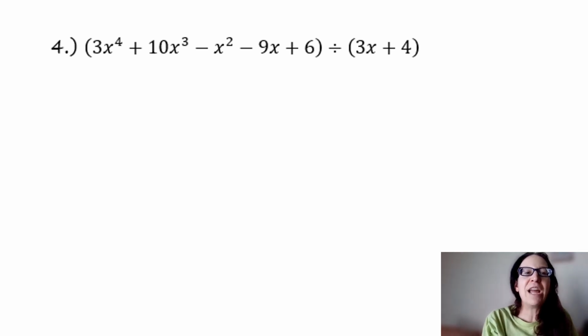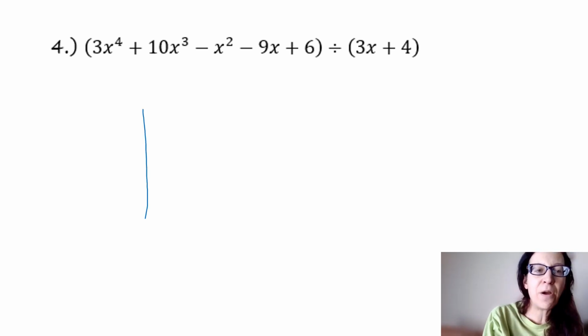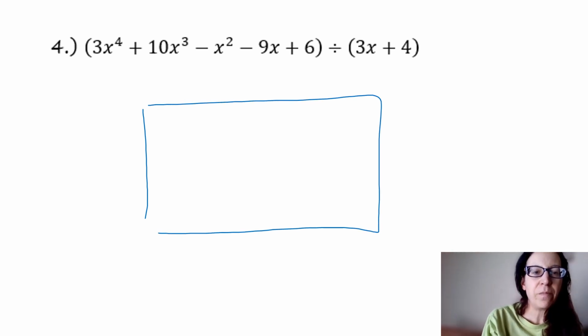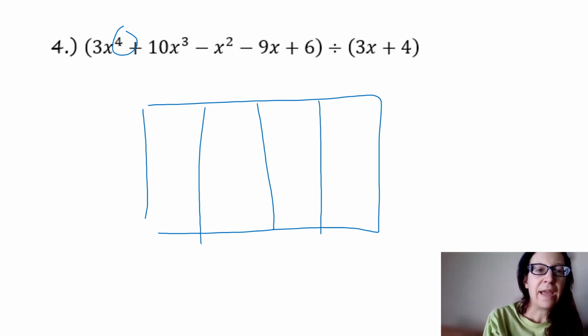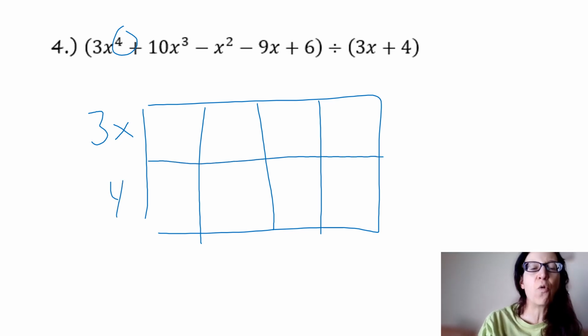So we have 3x to the fourth plus 10x to the third minus x squared minus 9x plus 6 divided by 3x plus 4. So setting up our area model, you look at that highest exponent, that tells you how many columns you need. And then whatever you're dividing by, in this case the 3x plus 4, tells you how many rows you're going to need.